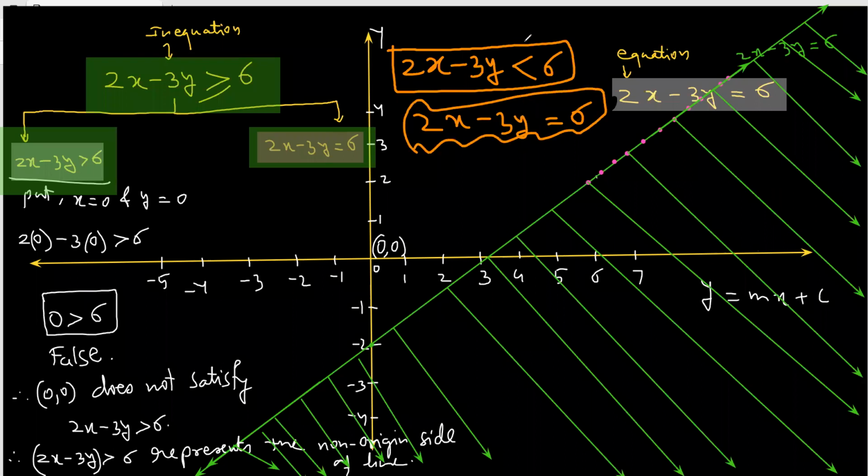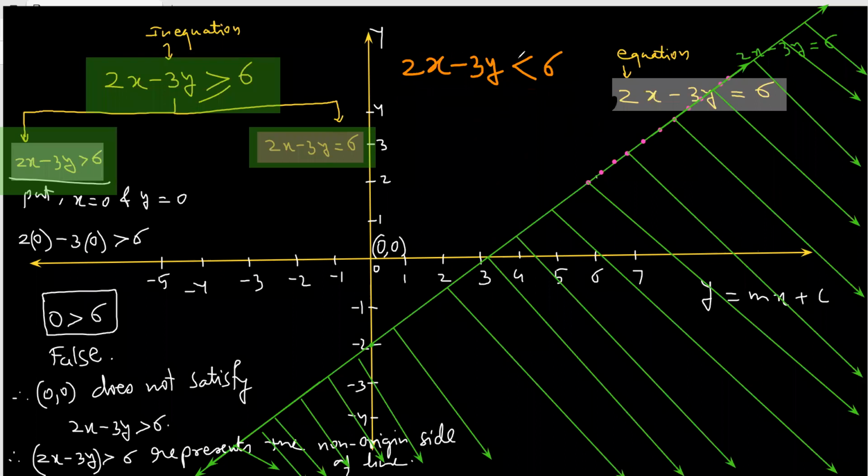I will teach you how to draw the line also. After you have drawn the line, you know that this line basically is not there. So what would you do?